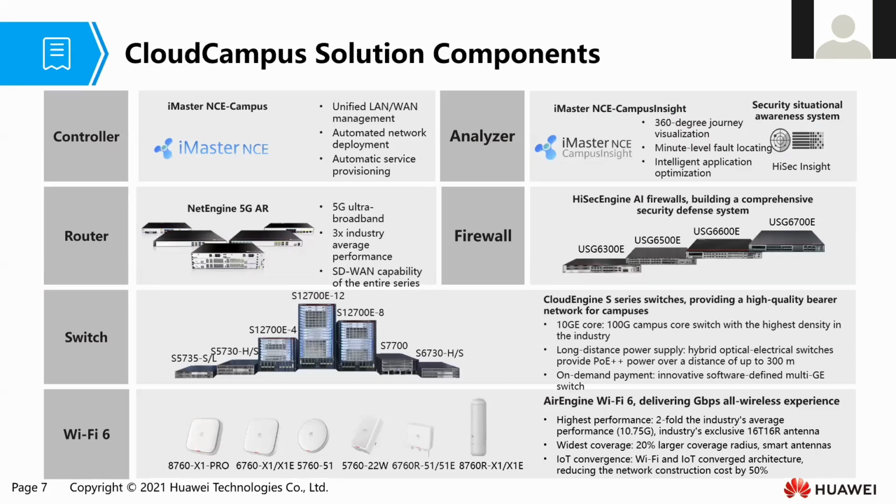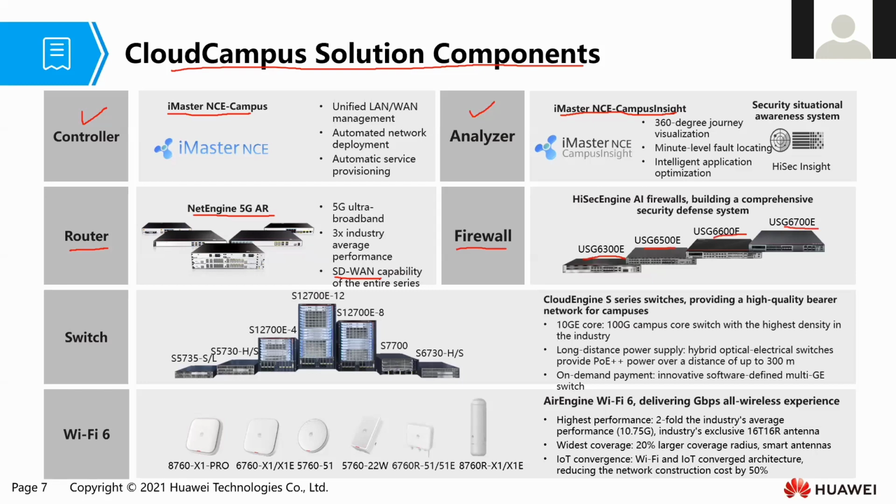Here, we have the Cloud Campus solution components. Basically, in our Cloud Campus solution, we will have the controller and analyzer. As I mentioned before, the NCE-Campus is the controller and the Campus Insight is the analyzer. And these are the devices that we will use in the Cloud Campus solution. For routers, we usually use the NetEngine 5G AR for the SD-WAN solution. For firewalls, we usually use the USG 6300, 6500, 6600, and 6700 series.